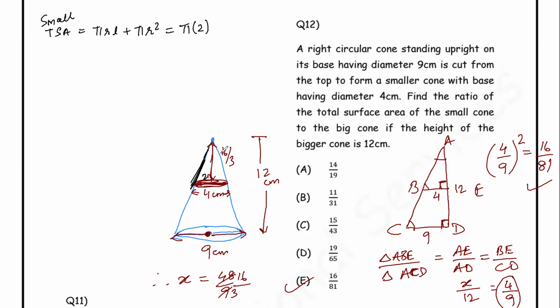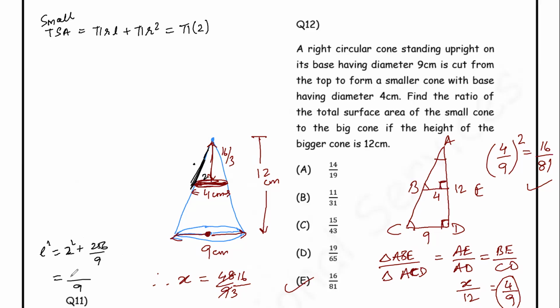So if this is 2 and 16 by 3, we'll have to do the slant length calculation. I'll do it out here. So slant length L square is equal to 2 square plus 16 by 3 square, 256 by 9, and that is 4. So we'll take it as 2 square plus 256 by 9, upon 9.